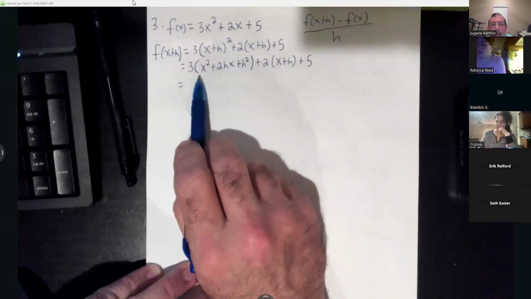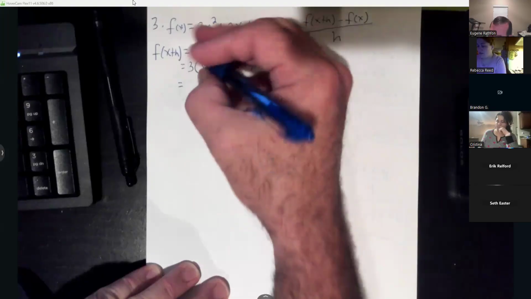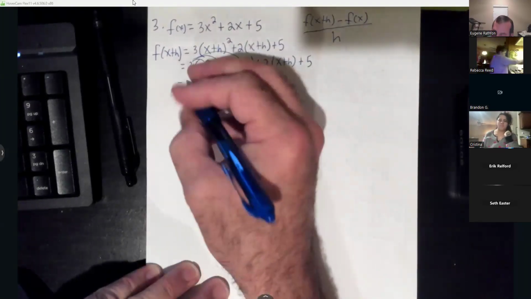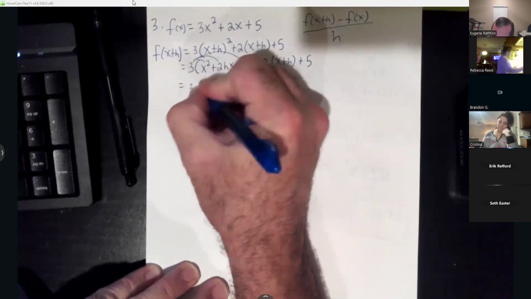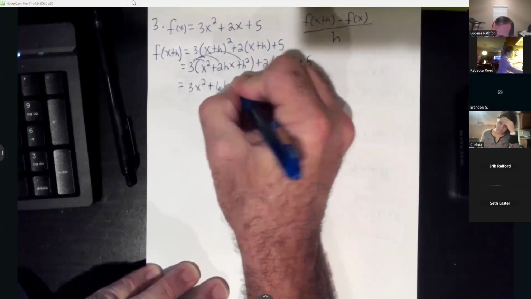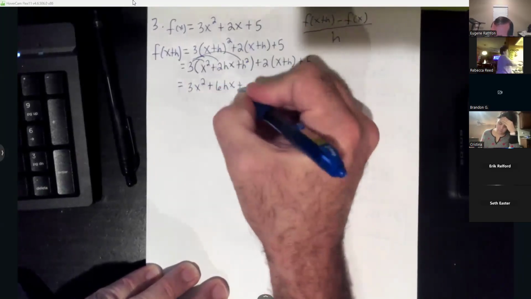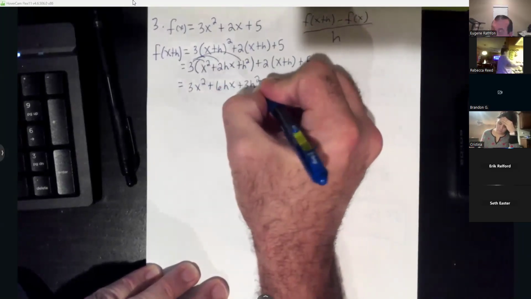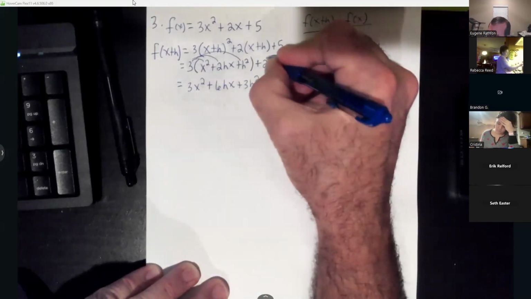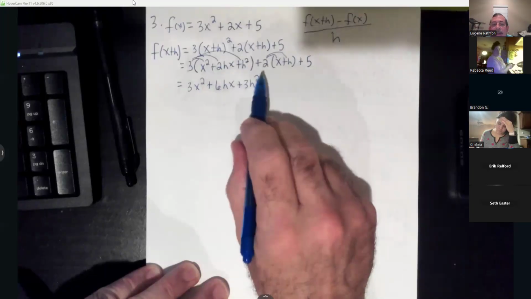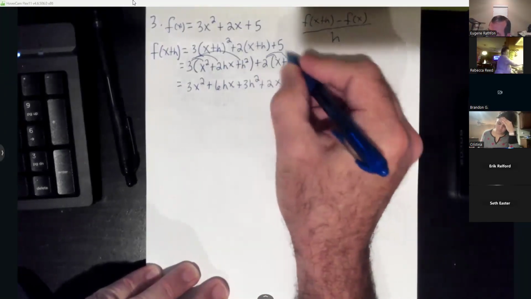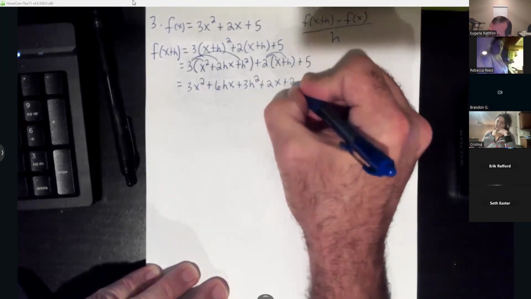All right, you're going to multiply everything in the first parentheses by that 3. We're going to distribute that 3 through there, okay? So I'm going to get a 3x squared. 3 times 2 gives me a 6hx plus 3h squared. Now distribute the 2 through the second parentheses. 2 times x is a 2x. 2 times h is a 2h.